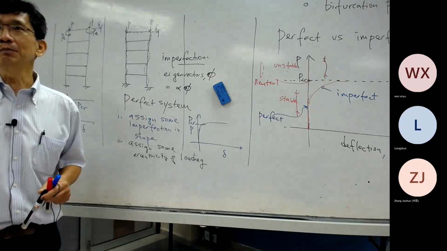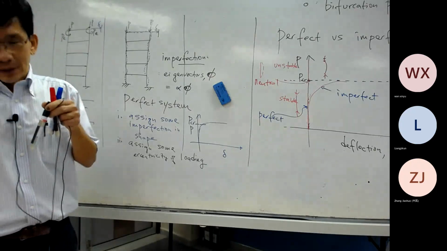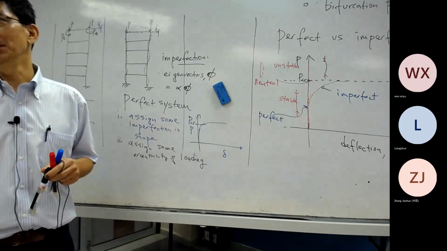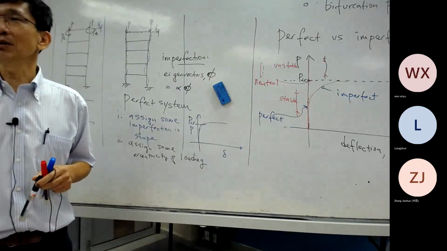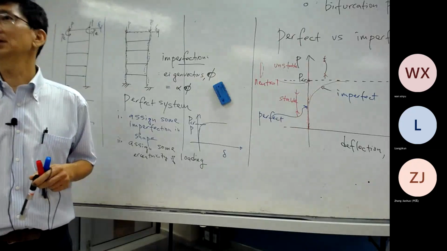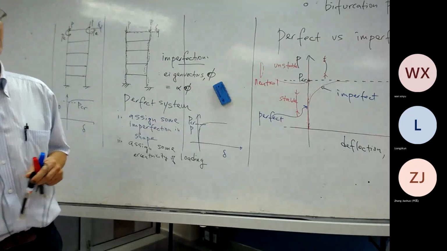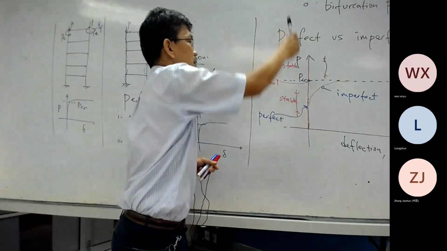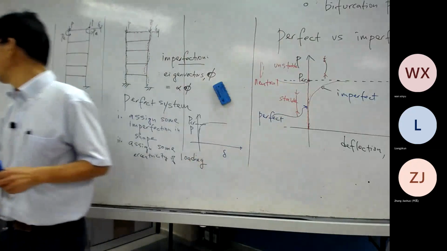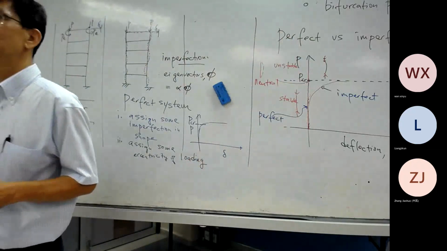We cannot get in imperfect system a column that can stay straight and slightly bent. That is impossible, because in imperfect system you always have imperfections. Once you have imperfections, you already disturbed. So the bifurcation point and the concept of neutral equilibrium is only for perfect system.